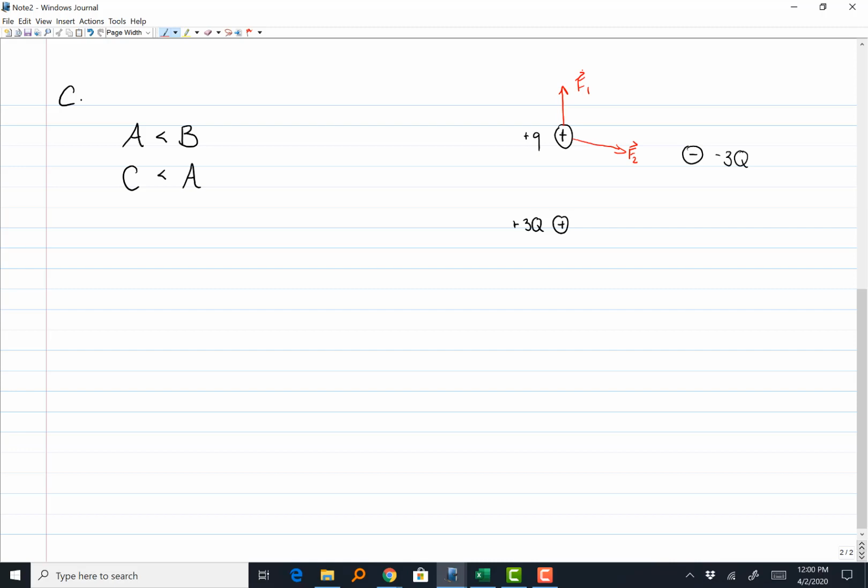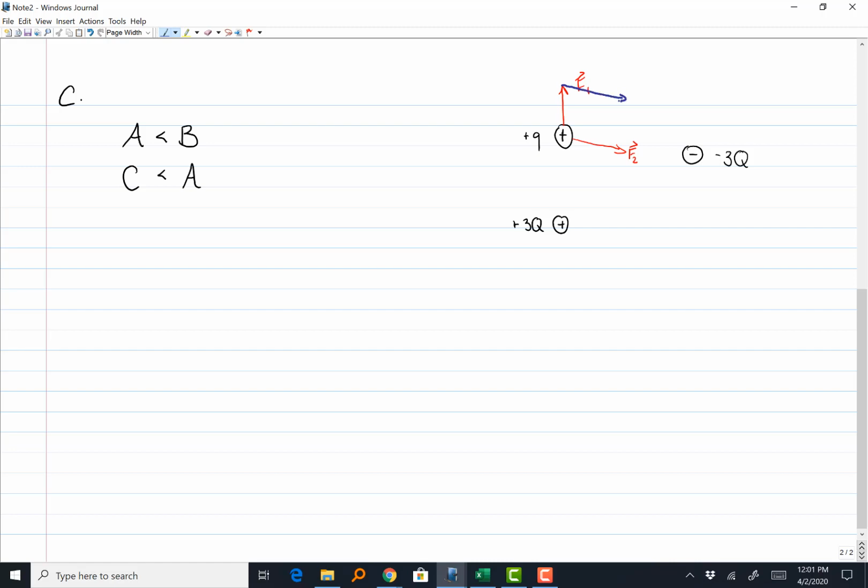And then what that tells me is that the net force for this charge will be the sum of these two forces. Now, since we're not dealing with actual magnitudes at this point, it's good enough to have just a rough diagram of what this is going to look like. So the net force I can find using the head to tail summation.